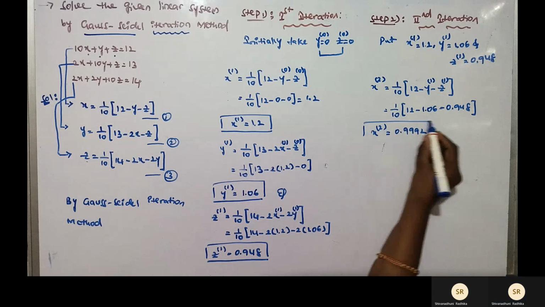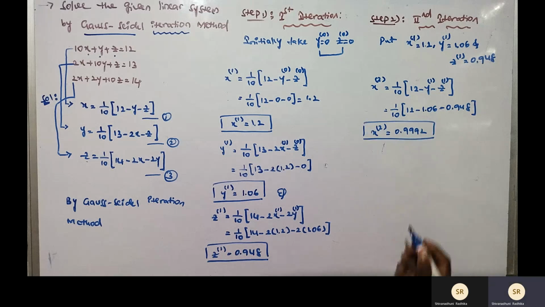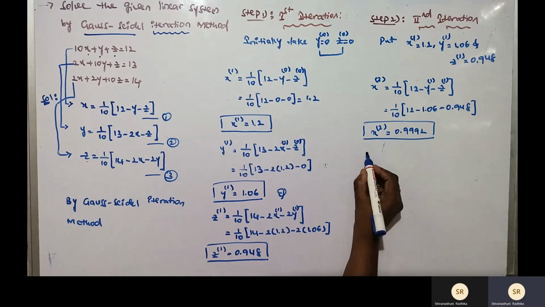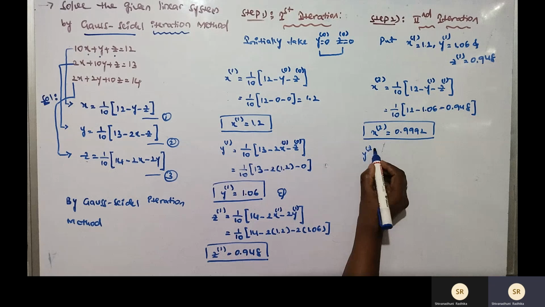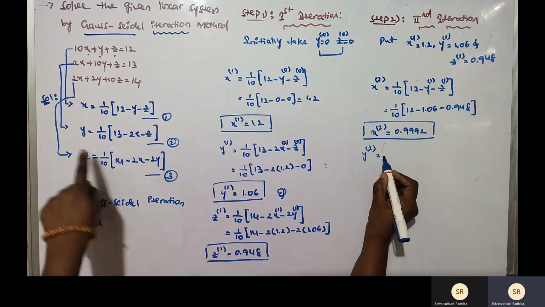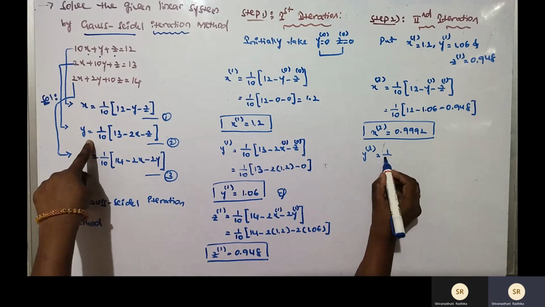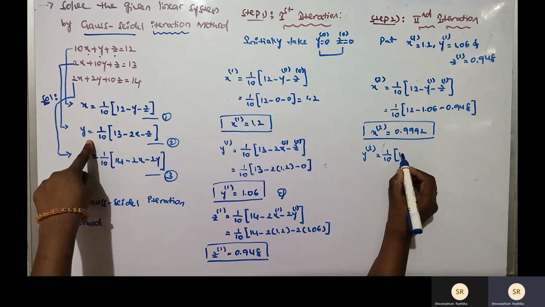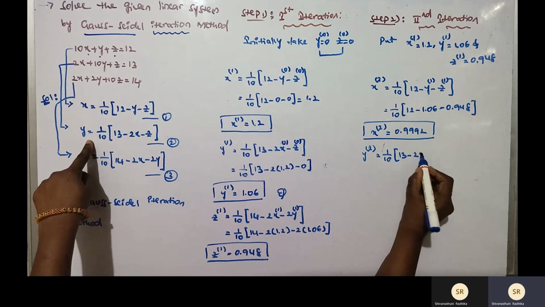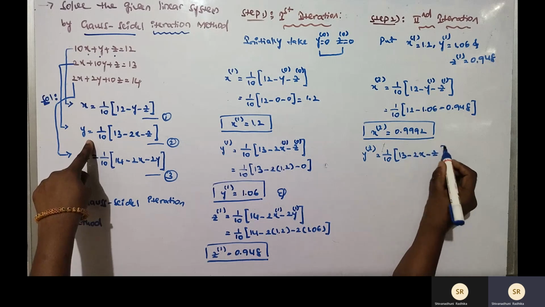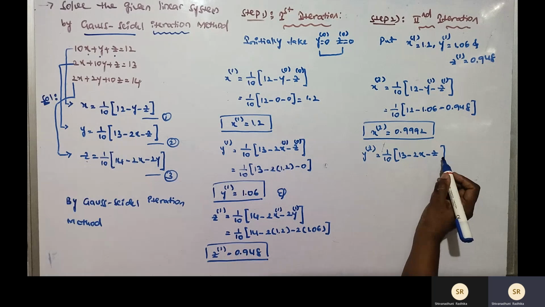Now by using the calculator, the x second approximation value is 0.992. See, this is the x2. And again we go to find the y second approximation. Take the y formula, 1 by 10 into 13 minus 2x minus z, from equation number 2.